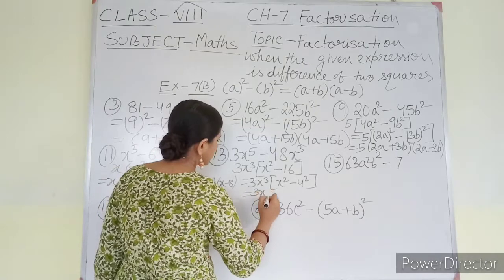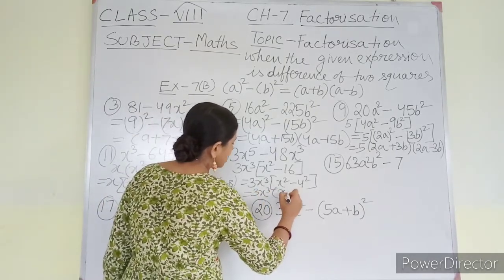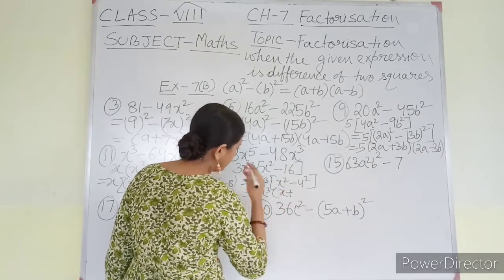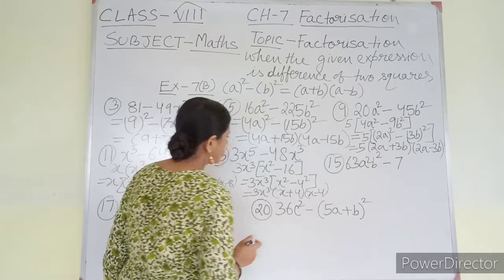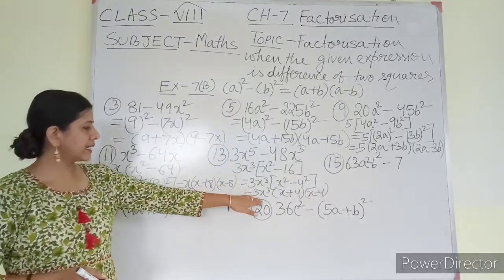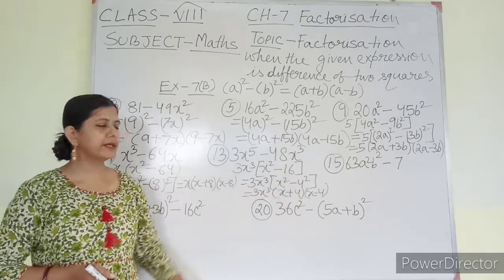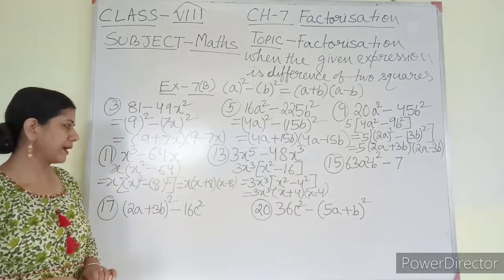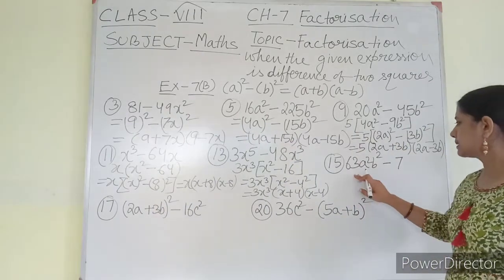So 3x cube will remain as it is, and this one is x plus 4 and x minus 4. So the factors are 3x cube, x plus 4, x minus 4, because 16 can be written in the form of 4 square.